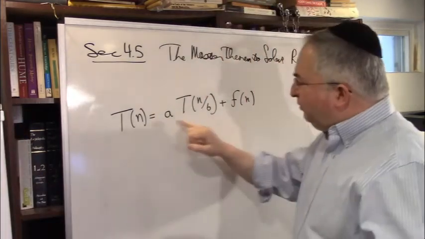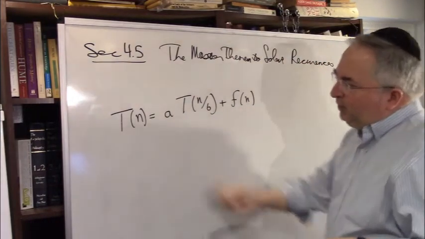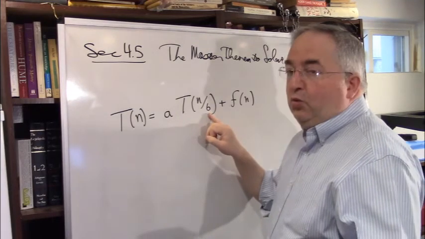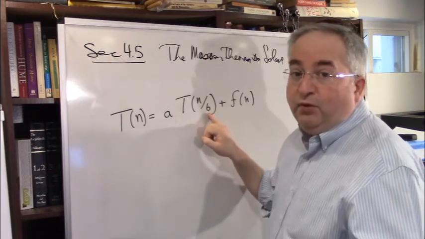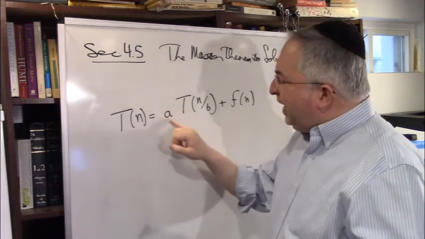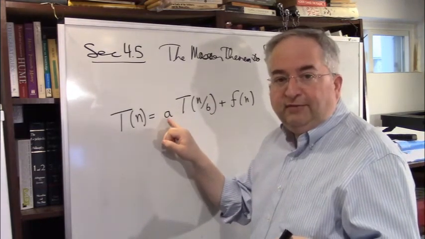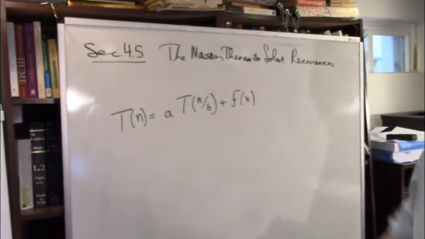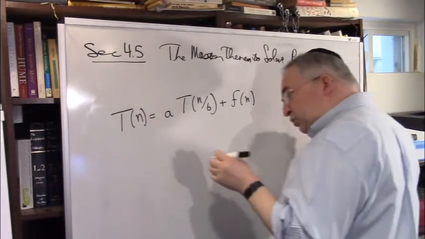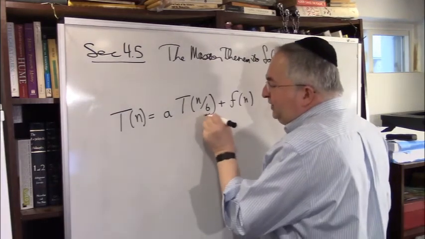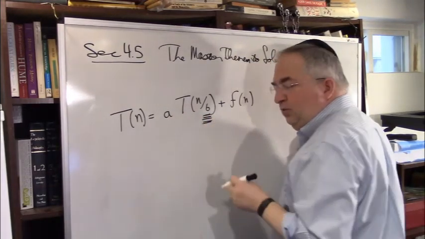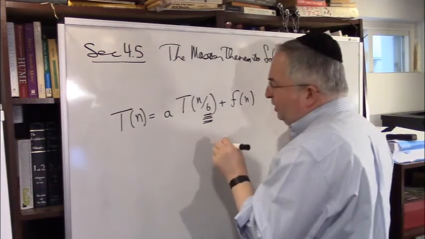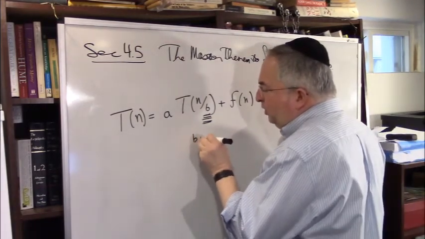A lot of the recurrences are of this form. You plug in n, you get a T of n divided by b. We had divided by 2, divided by 4 over 3, a lot of different examples. And then how many children does each one have? That's a. And then you always add in a term. What this b does is it determines the length of the tree, how high the tree is.